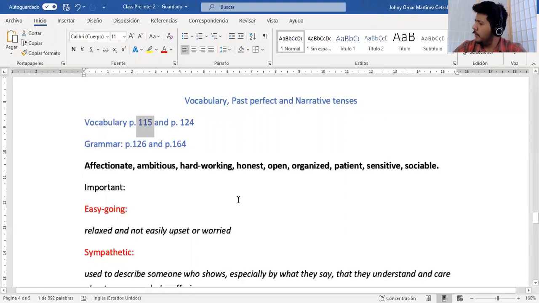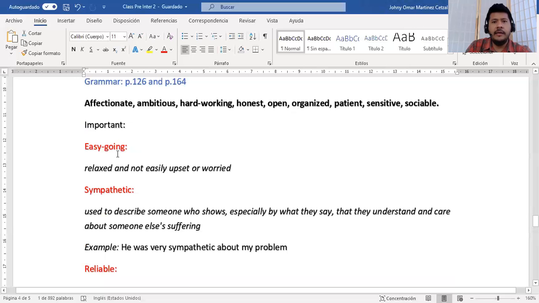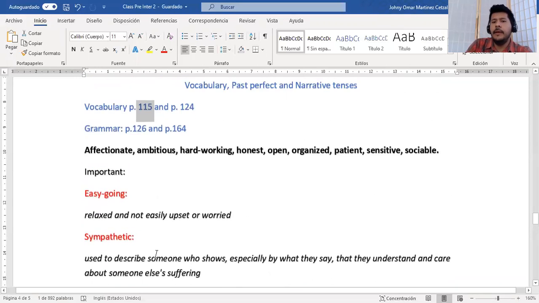I suppose it's open-minded or something. No, it's just open. Okay, so open to new ideas, open to new perspectives, something like that. Open. Organized, patient, sensitive, and sociable. The important ones are easygoing, sympathetic, and reliable.